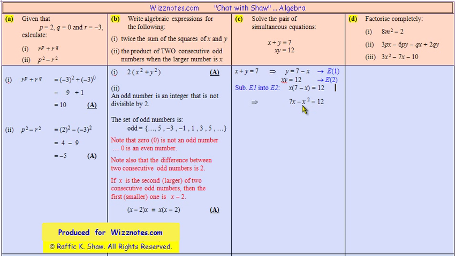Now this is basically a quadratic equation. It is not yet in the standard form of a quadratic equation. So what we need to do is rearrange it such that it goes into the standard form, where you have the quadratic expression being equal to 0. Then we can apply one of the methods of solving a quadratic equation.